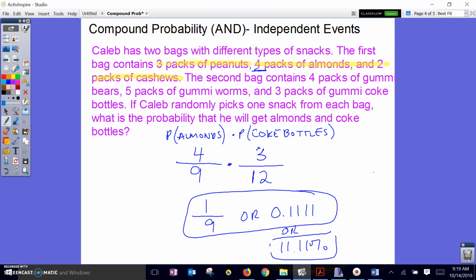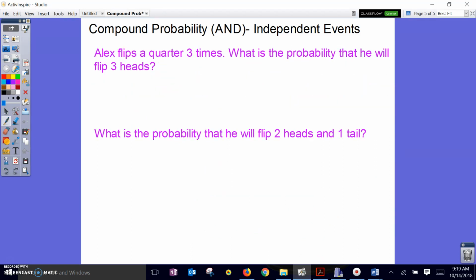All right, and on to our last one here. Alex flips a quarter 3 times. What is the probability that he will flip 3 heads? Well, there's only one possible way if he flips a quarter 3 times for him to get 3 heads, and that is if every single flip he flips heads.